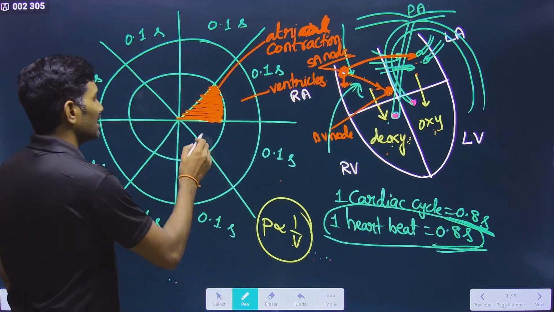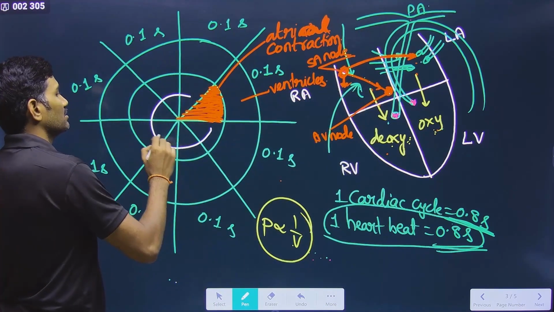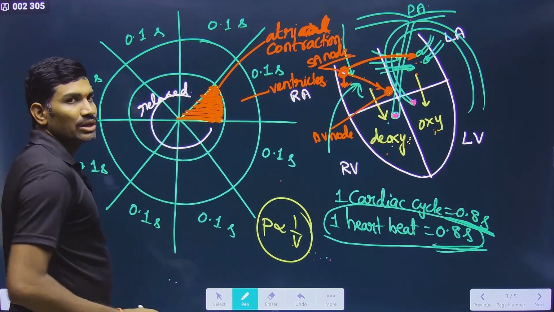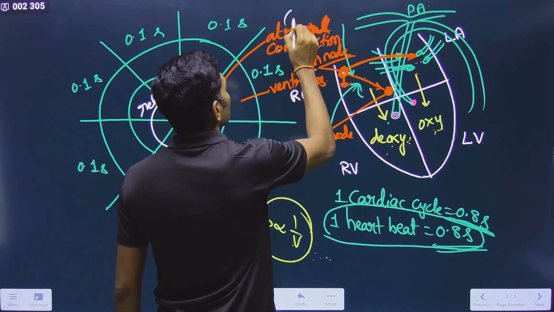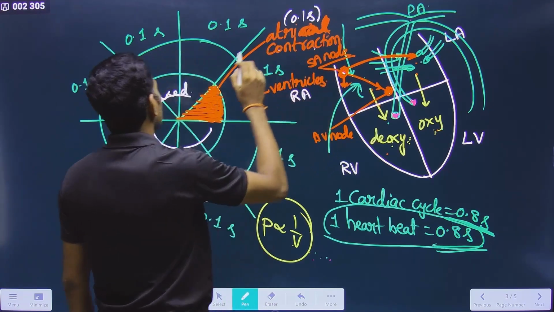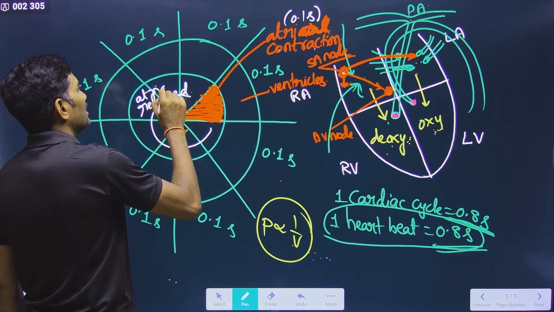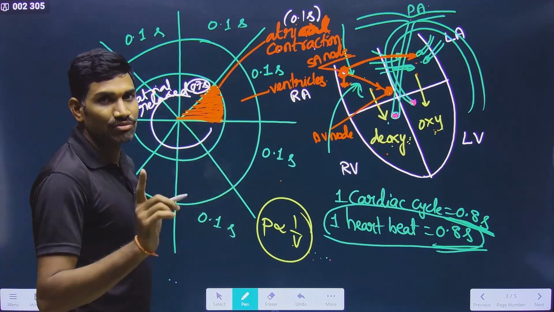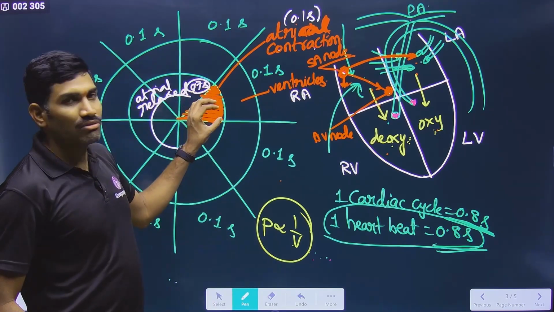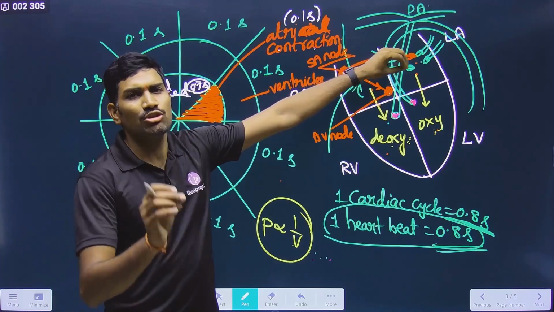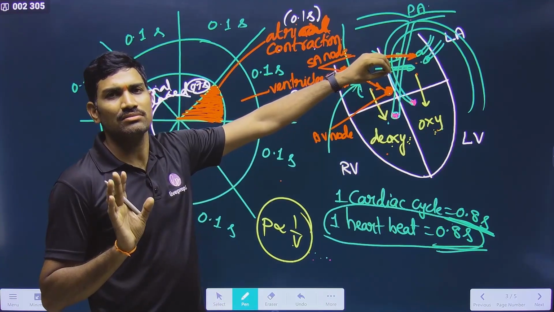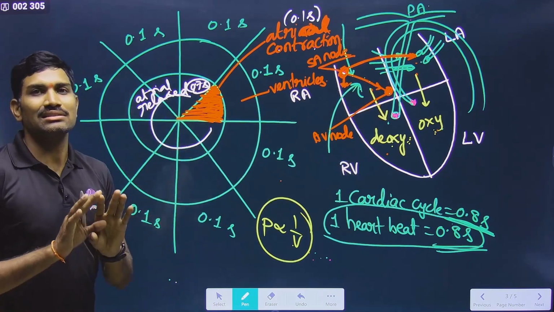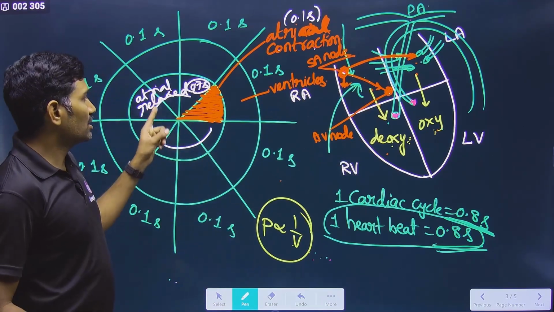How long will they be relaxed? Atrial contraction is just for 0.1 second only, but atrial relaxation is 0.7 seconds. Observe the content very carefully, very important. Atria are undergoing contraction only for just 0.1 second, and the remaining time, entirely they are in the relaxed state only. So this is another important point.